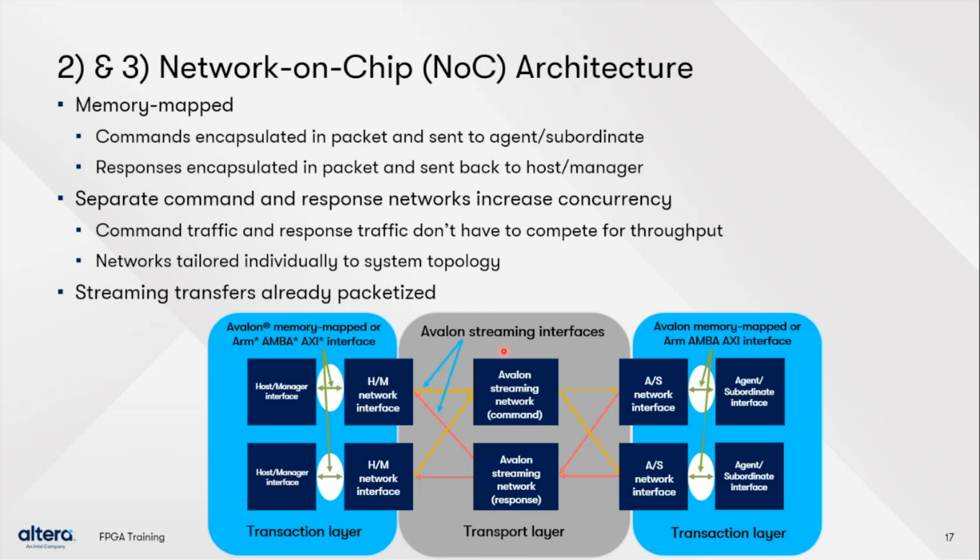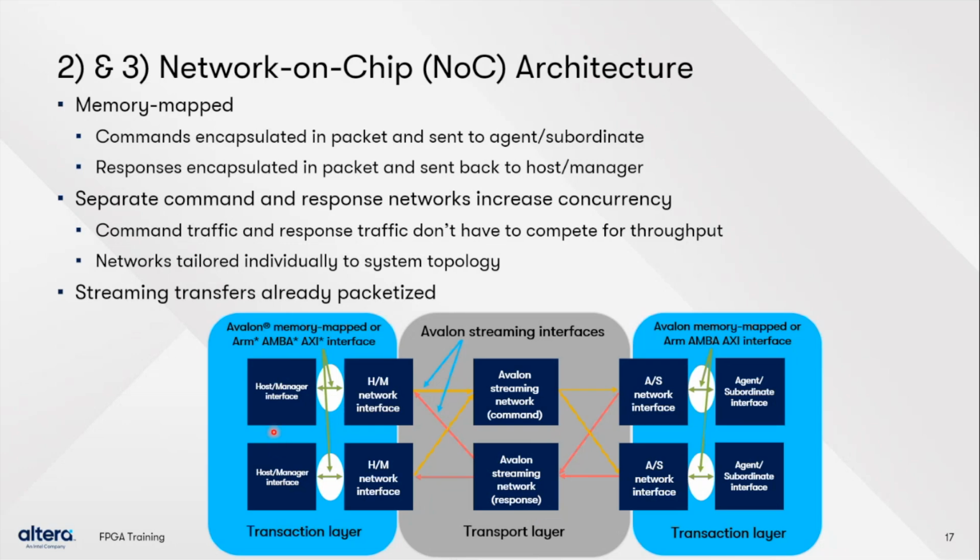All of the data from one side or the other of the system gets turned into packets, and then the streaming network routes the packets to the appropriate destination. There's a separate streaming network generated for commands and a separate network generated for responses coming back, so they do not have to fight for control of traffic. There's no congestion between commands and responses.